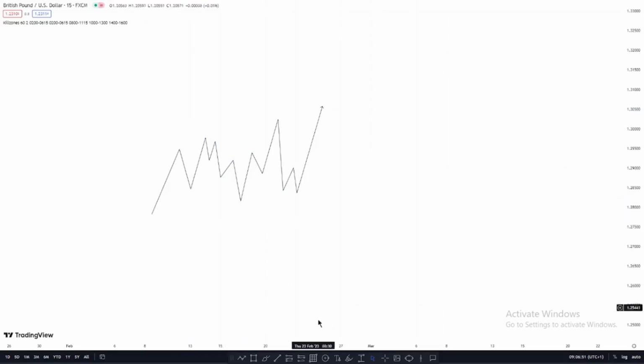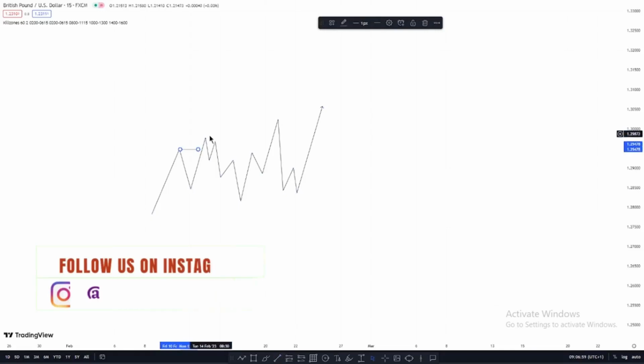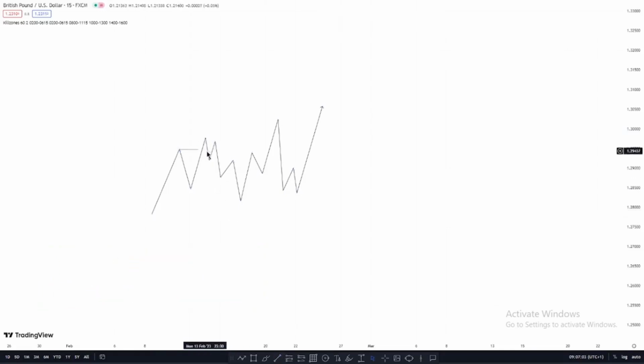Now, for the retail mindset, this to them is a break of structure. Okay? That's a break of structure. And price from this high, but before you know it, price now started coming down. As price was coming down, they look at these points as their break of structure.